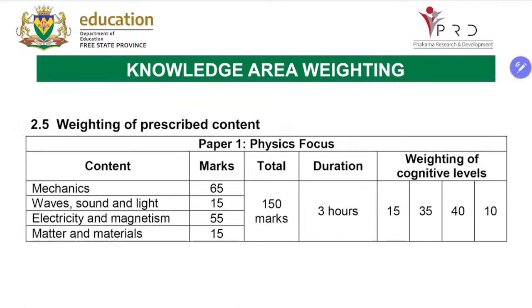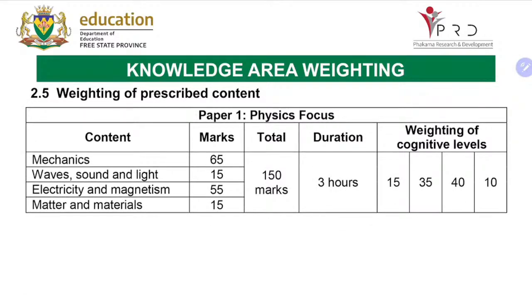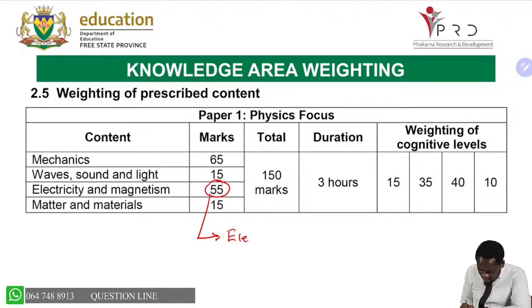Okay, now the weighting for question 9, paper 1, physics focus is 55 marks, right? Now this 55 marks has electrostatics, electric circuits, and then electrodynamics, right?